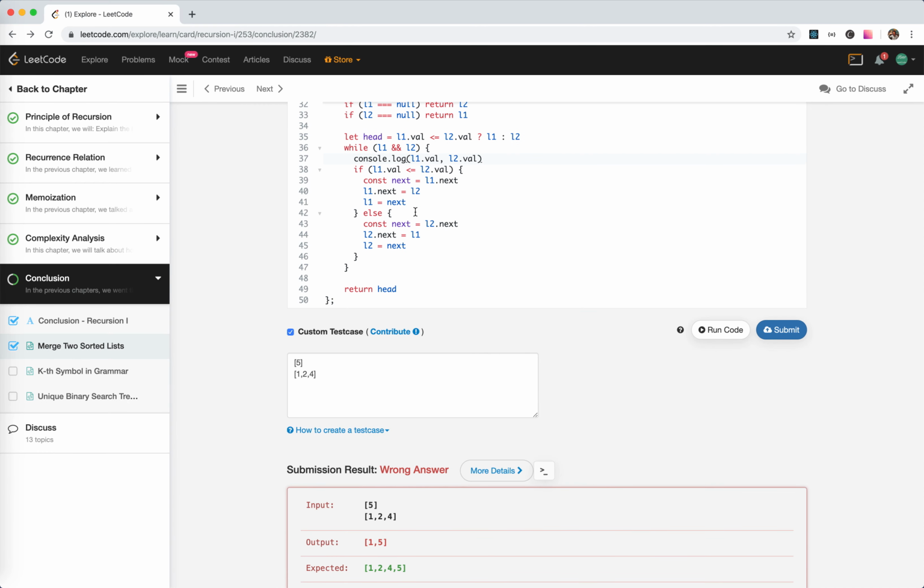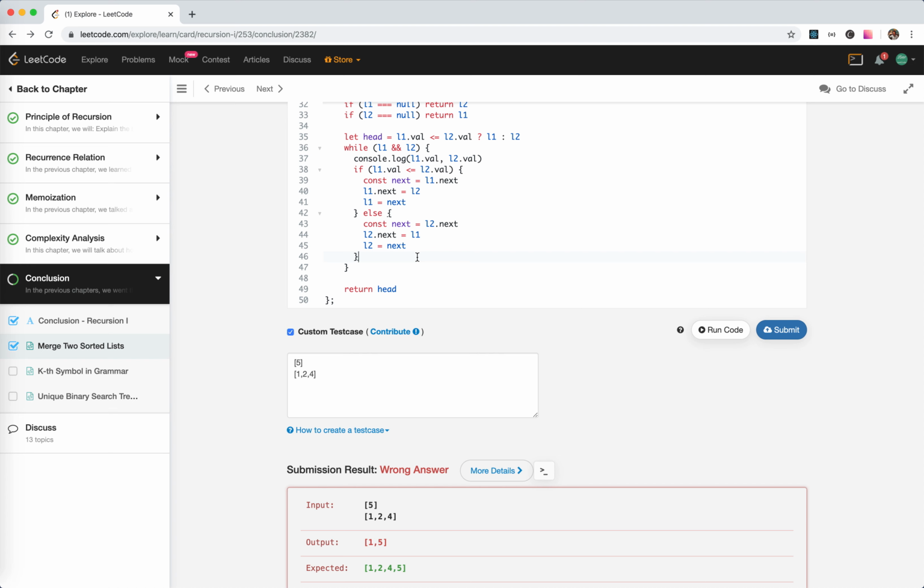Okay, because L2 is 1, so 2 next equals 1, 1, 5. Ah, it's not right.